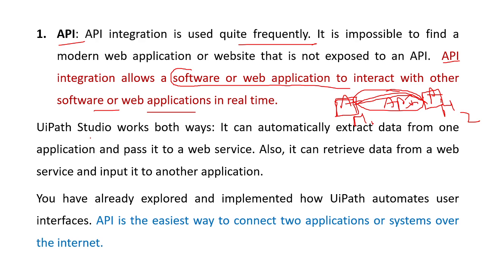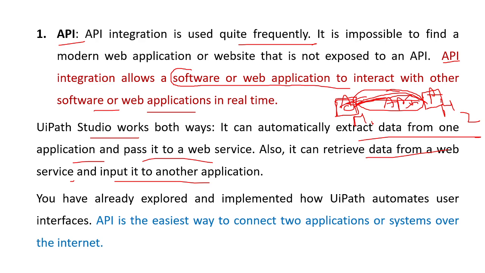And here, see, UiPath Studio works both ways, it seems. Okay, it means it can automatically extract data from one application and pass it to a web service, or pass it to a web instance, make it simple. And it can also retrieve data from a web service, I mean from this application through the web, and pass that data as an input to this application instance.